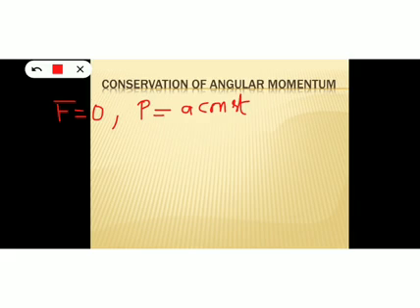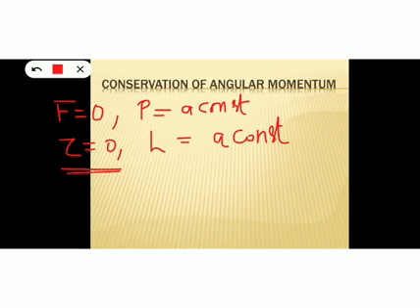Similarly, if external torque is 0, then the total angular momentum will be a constant. So this is the law of conservation of angular momentum.